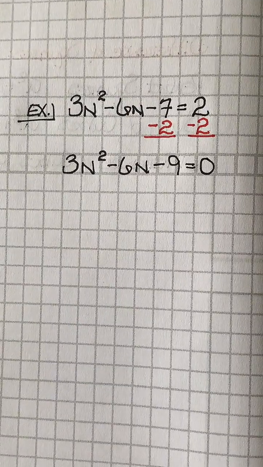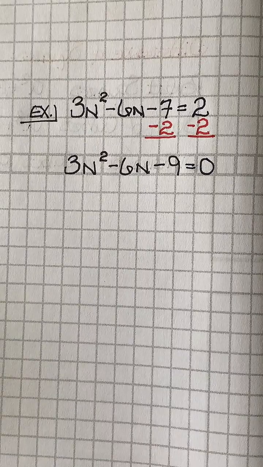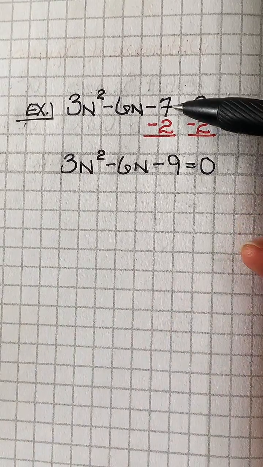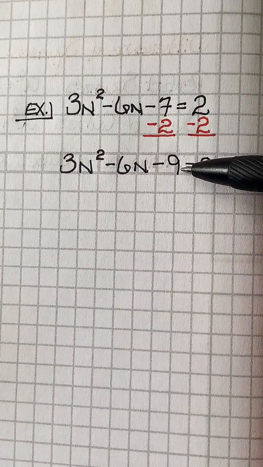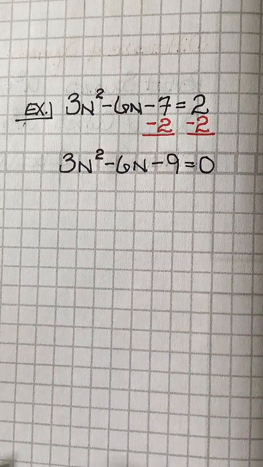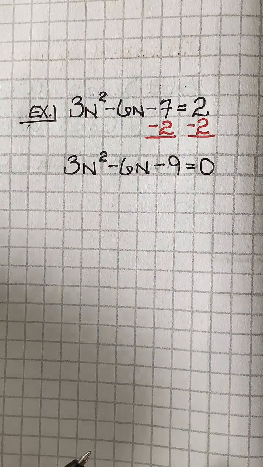What do you notice? Yeah, be careful. It was a negative 7 minus 2. Since the signs are the same, you're actually adding. Okay, there we go. Now we need to divide by 3.